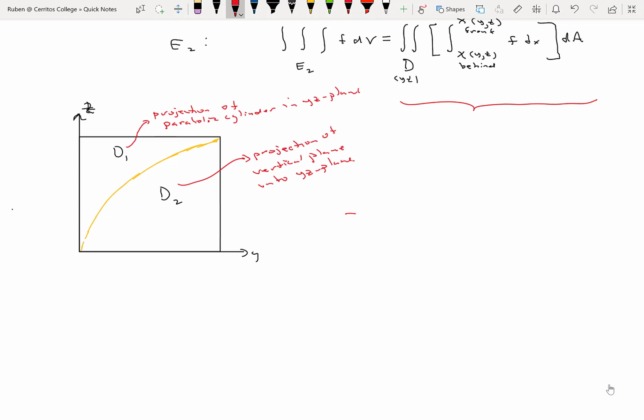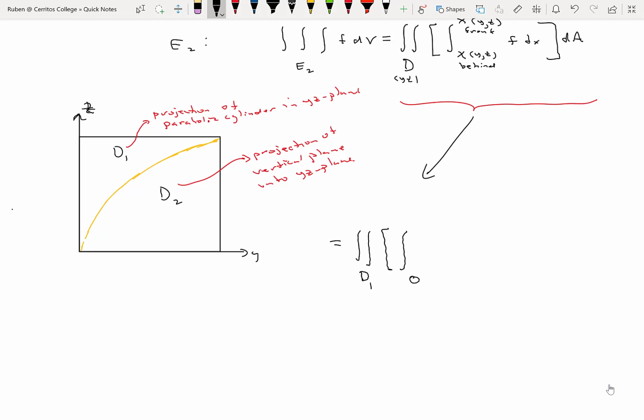So this integral then is going to convert to two integrals. It's still a double integral over the region D in the YZ plane, but it's going to be over the region D1 in the YZ plane of the integral of the surface behind, which is just x equals 0, to the surface in front.